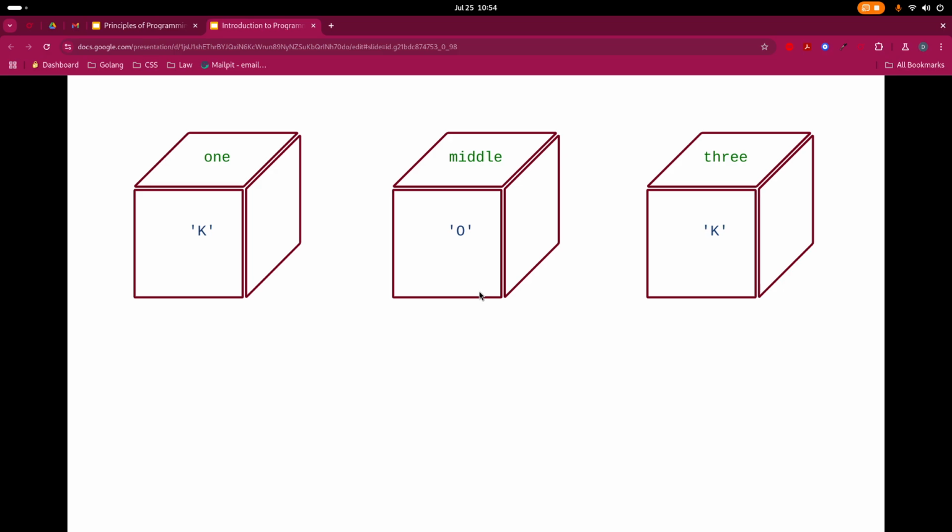So now I will rephrase the question and I will ask, how can I switch middle and 3? Well, now I know clearly what the question is asking. So kindly swap the values in middle and 3. Where is middle? Well, that's the name of this box. And what is 3?